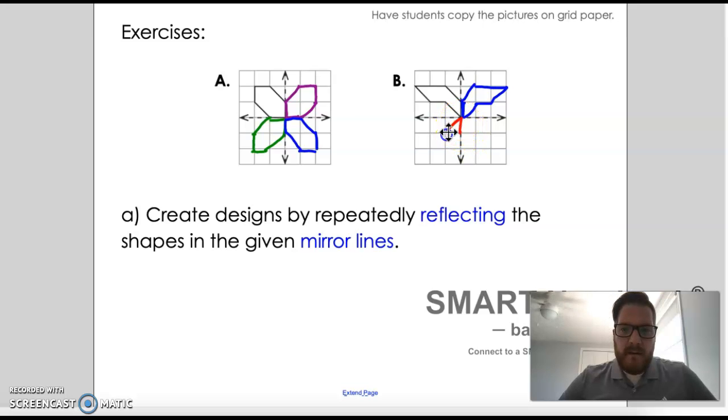I'll do it across this line. And then the last one in the bottom right corner. And now I've done all these reflections either across vertical lines or horizontal lines.